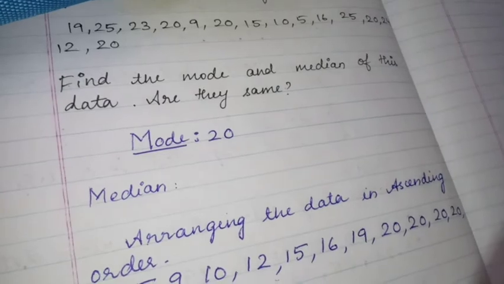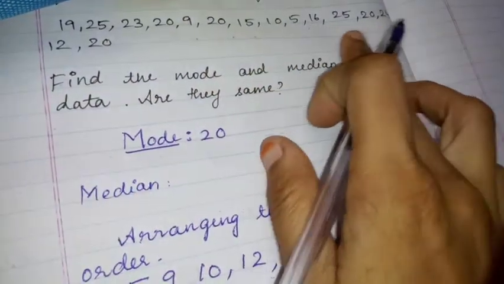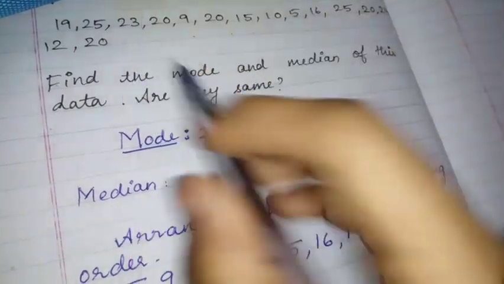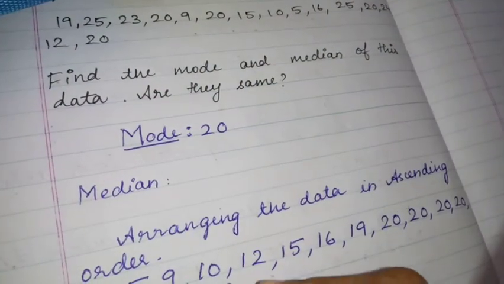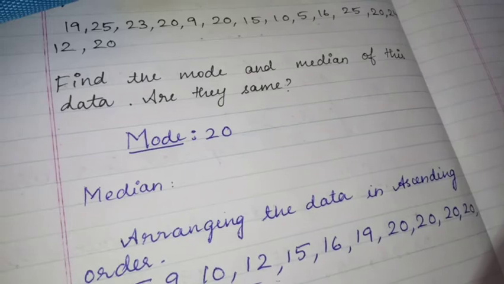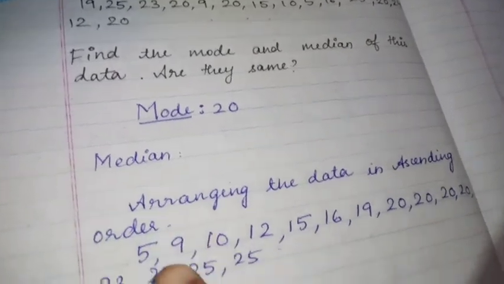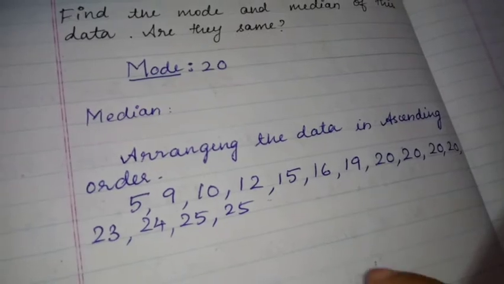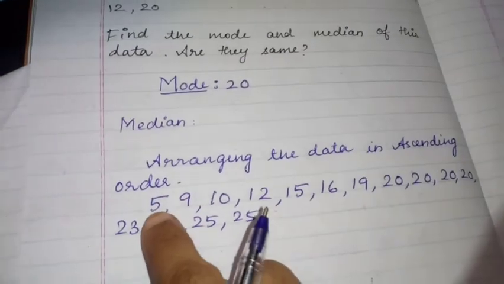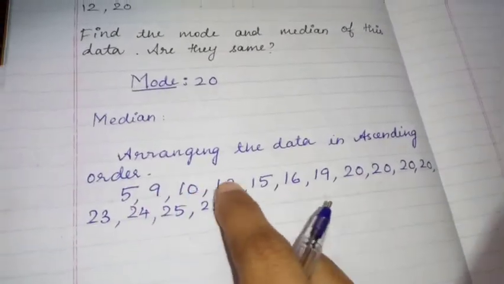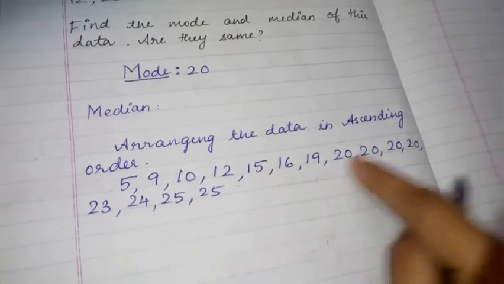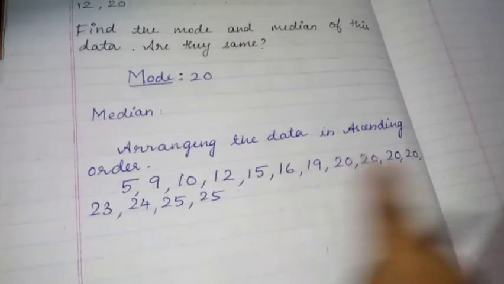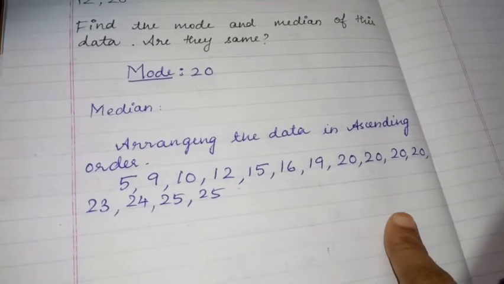Yes, 23 is repeated only one time, right? Next 24. Next 25, 2 times it is written. Is there any other thing? That's all. Just count and see whether 15 values are written. 1, 2, 3, 4, 5, 6, 7, 8, 9, 10, 11, 12, 13, 14, 15. Yes, so all the data are arranged in ascending order.